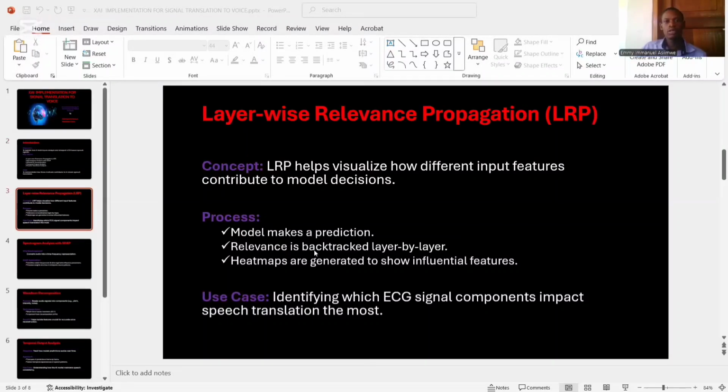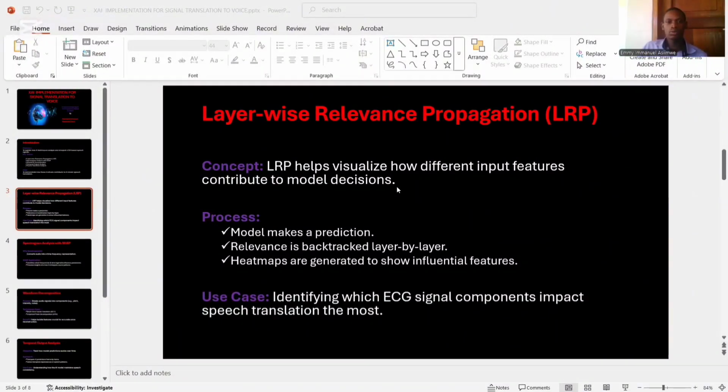In layer-wise relevance propagation, we were looking at how to visualize how the different input features contribute to the signals. We looked at the specific audio features, and we were able to visualize and understand the relevance of the parts of the audio clips that are very vital in the model predictions.